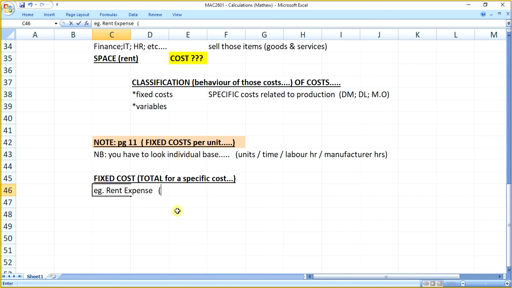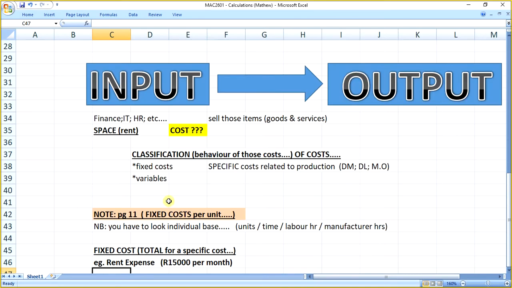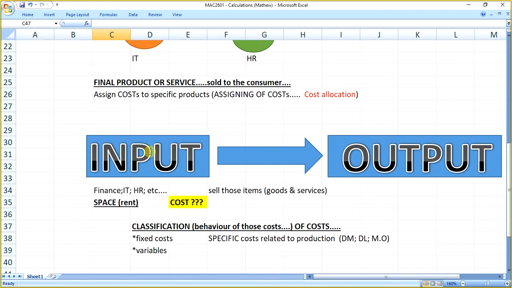So maybe if I just use the amount that's given in your textbook, 15,000, this would be the fixed cost per month that is going to be incurred as a whole in terms of the business, in terms of the operations. Now obviously, depending on our output, it comes back to what we said here: input, output.